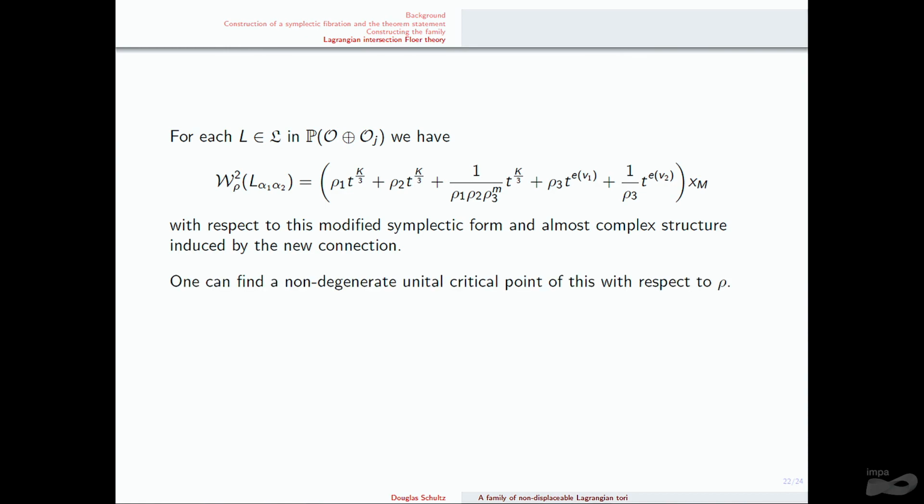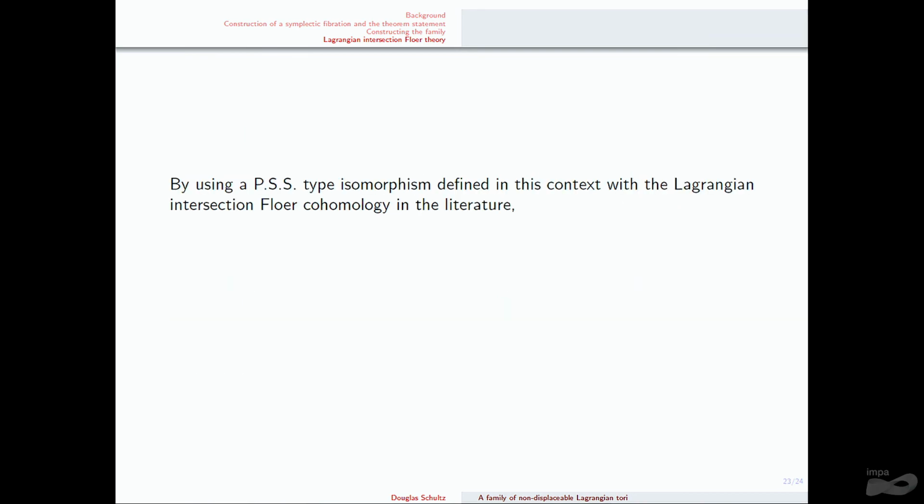Okay? And then in this case, you can find a non-degenerate critical point with respect to the representation. And by the general argument that we had before, the Floer homology of this guy in our family is isomorphic to the Morse homology with some representation. And in general, you get the same thing.